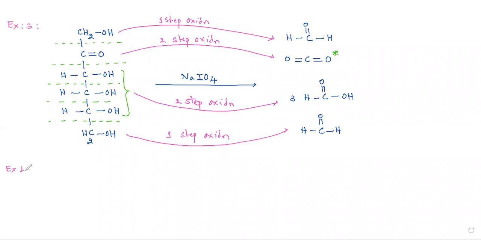Let us take a beta amino alcohol. We have taken vicinal diols, alpha hydroxy carbonyl compounds, I mean alpha hydroxy aldehyde, alpha hydroxy ketone. Now coming to beta amino alcohol.